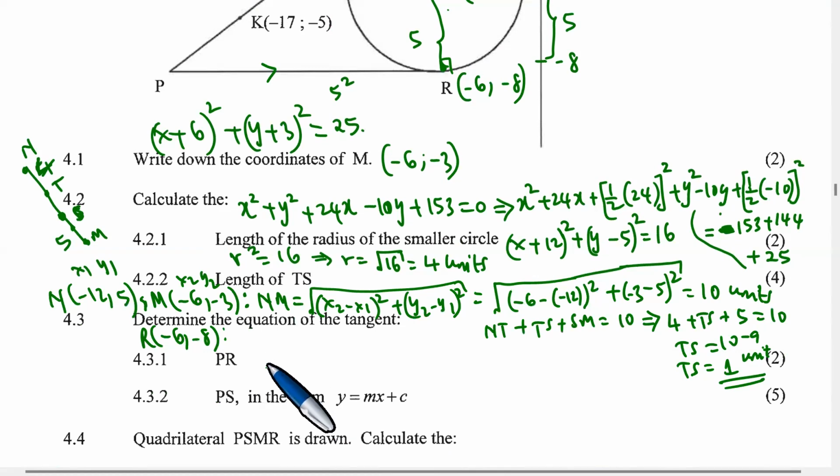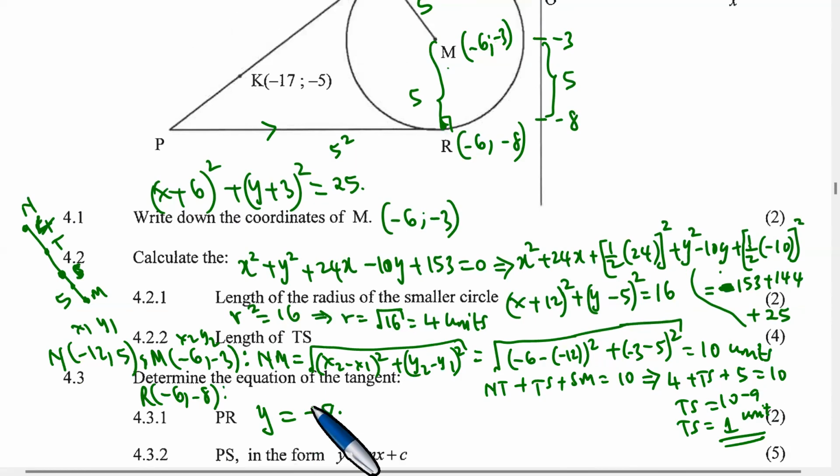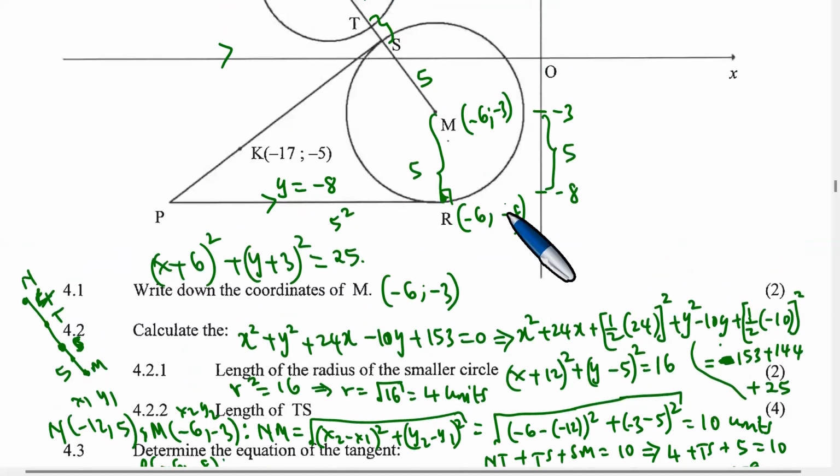What is the equation of the tangent PR? So the equation of the tangent is y equals -8. Why? It cuts through y equals -8 at this point, and this is parallel to the x-axis. Okay, think about it.